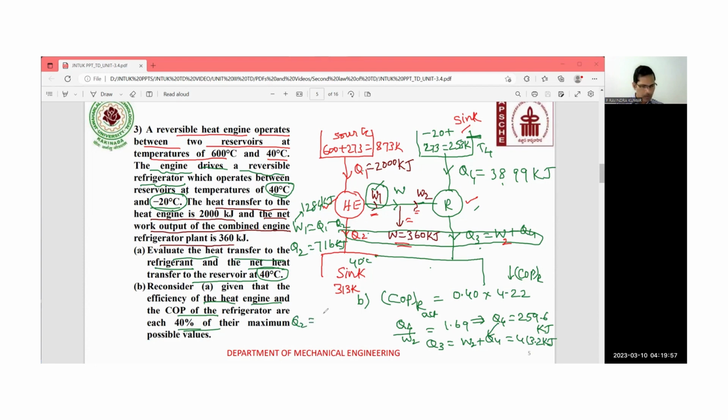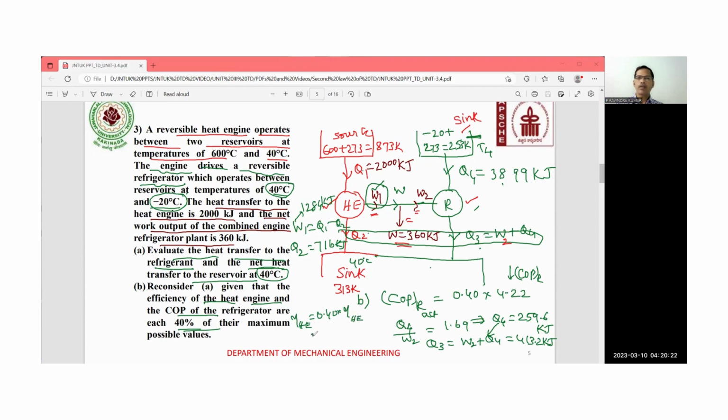For that Q2 value, the efficiency is also to be considered. So let me write that efficiency also. The efficiency of a heat engine is equal to 40% of the earlier case of a heat engine.